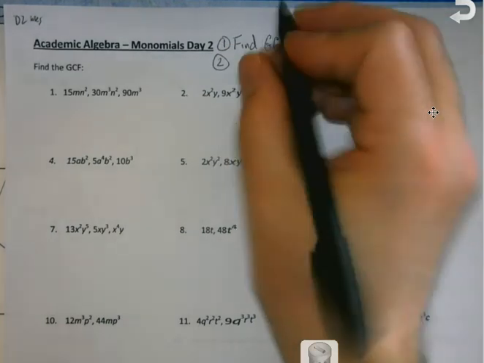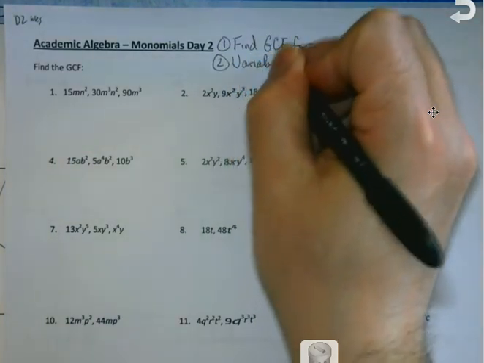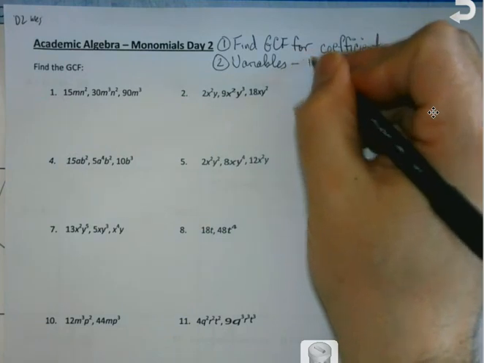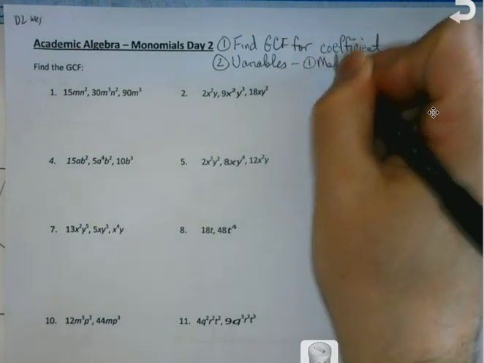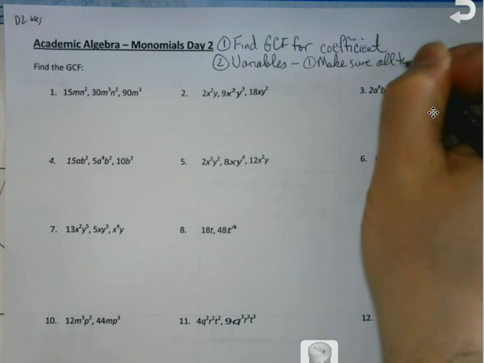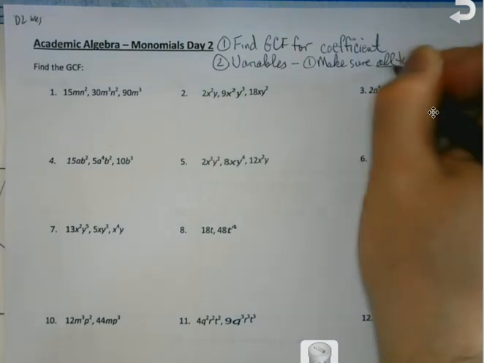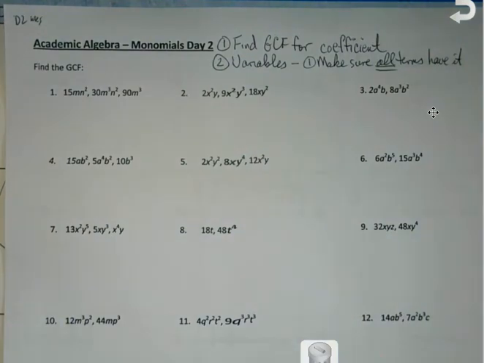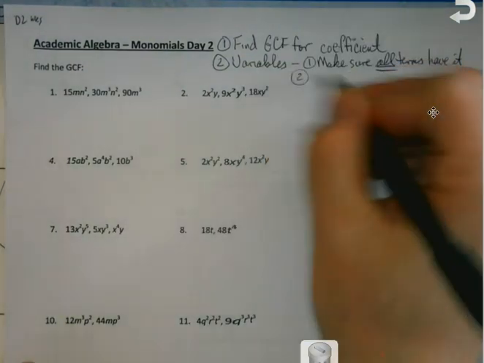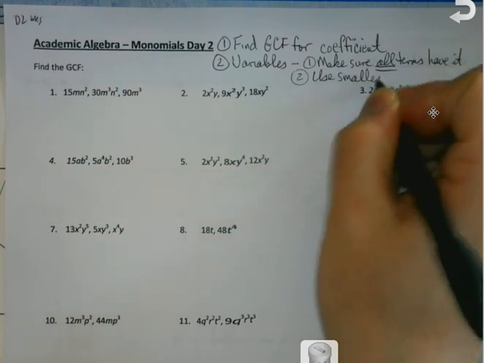And then for the variables, we're going to make sure all terms have it. In other words, if there's 3 terms, all 3 of them have to have that letter. Otherwise, I can't use it. And then we're going to use the smallest exponent.